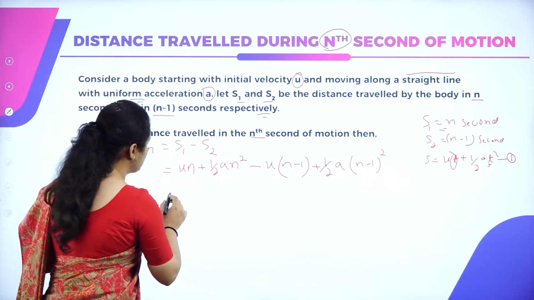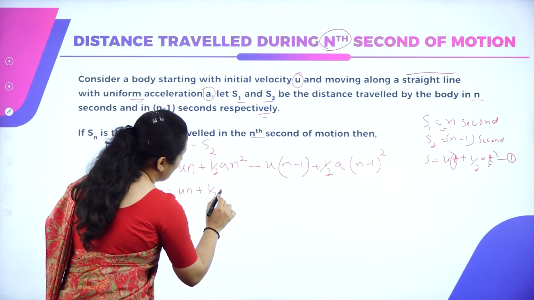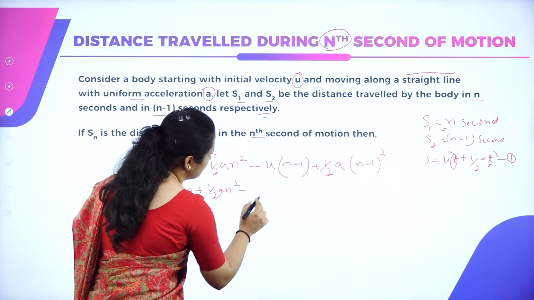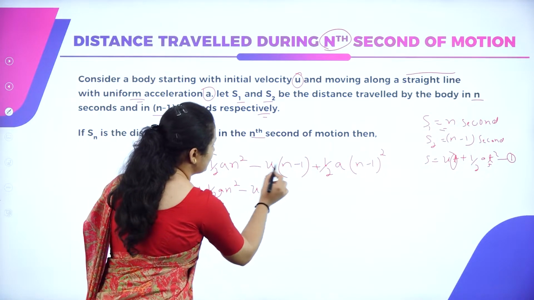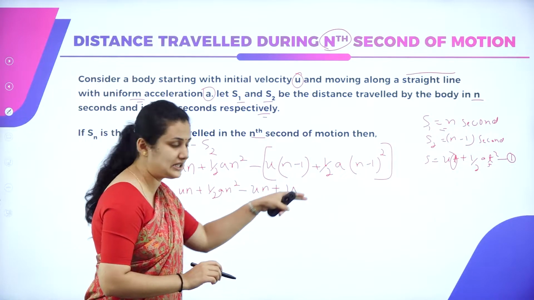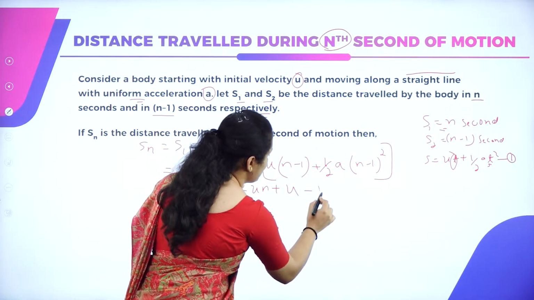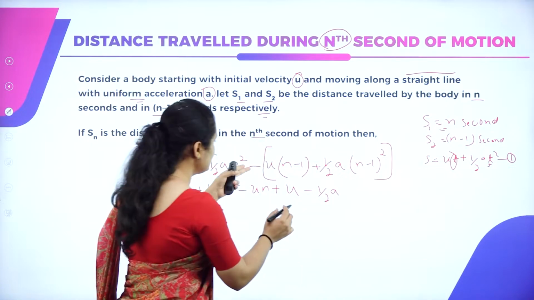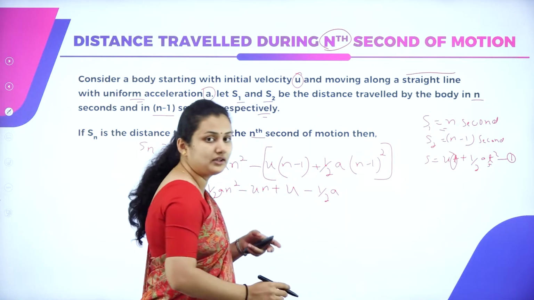Now on further substitution, you'll get un plus half a n square minus, on multiplication, un minus u, minus minus it is plus u. When you multiply the minus sign inside, again you'll get minus half a, and it will be minus half a into n minus 1 whole square.